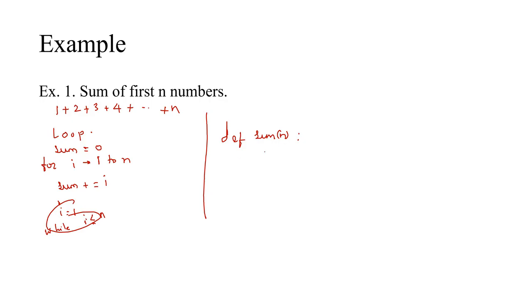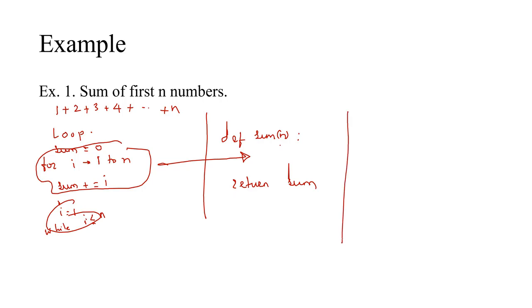This n value is there, so I can pull the section I have written in the loop code, put it inside this define sum, and in the end return the sum. So this is also one method which gives me the sum of the first n natural numbers, but this is again not a recursion.